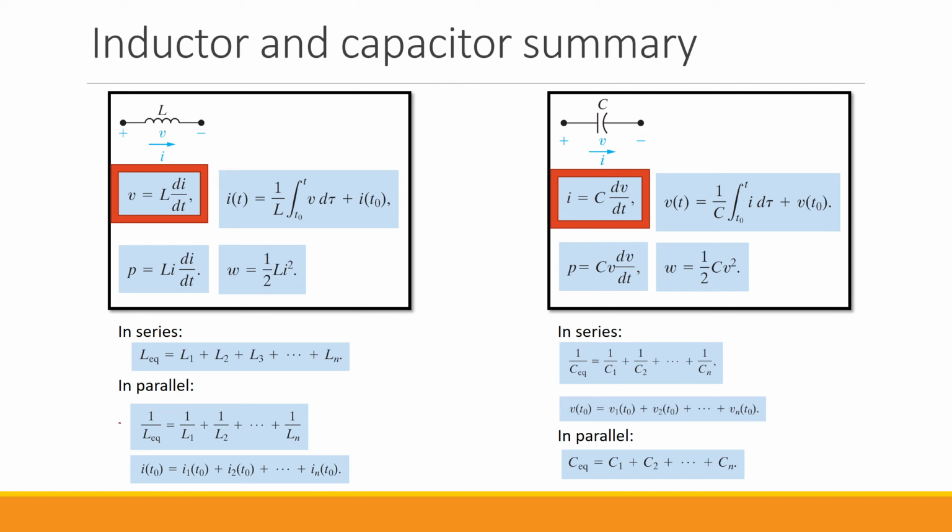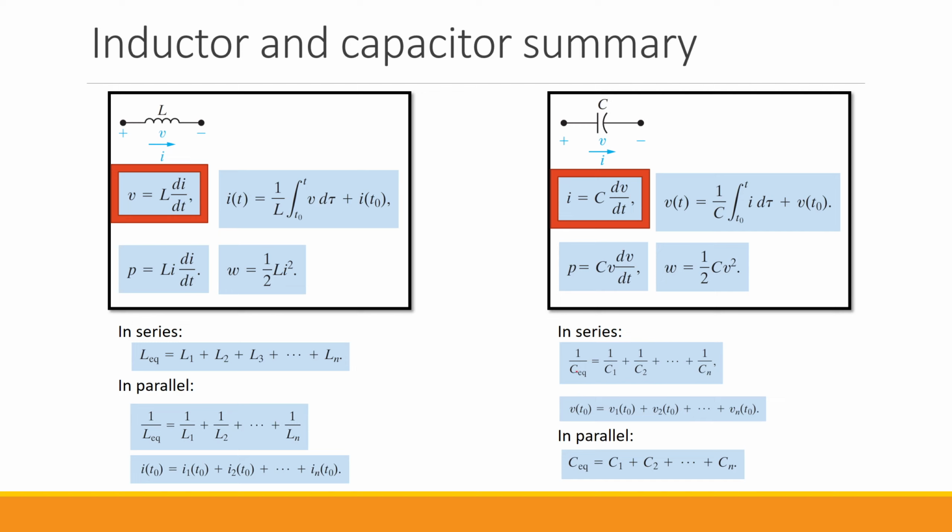When we were connecting inductors in parallel, we didn't have that requirement, but the initial current of the combination of the inductors was calculated by summing all the initial currents of the individual inductors connected in parallel. So in effect, inductors can store energy in the form of current.